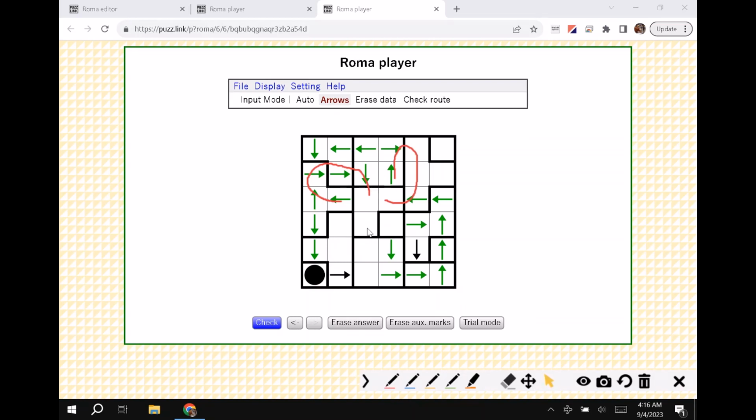Which means this can never be down, but we do need to pass through that cell, because otherwise you would try to go this way, which would just lead you back to the top right. So we pass through this cell, it can't go down, it can't go back up, and then it can't go right because you'd get stuck in the bottom left again, so it must go left.